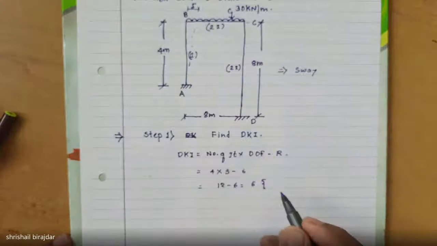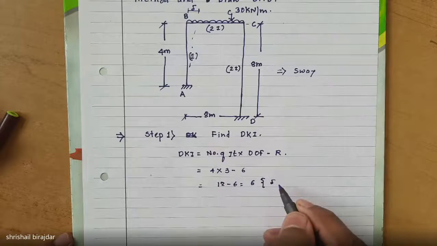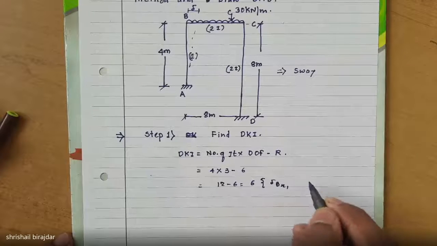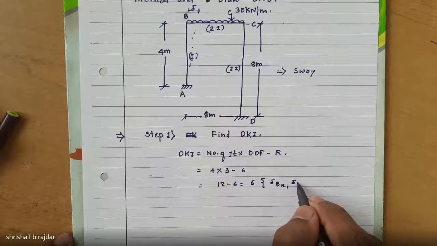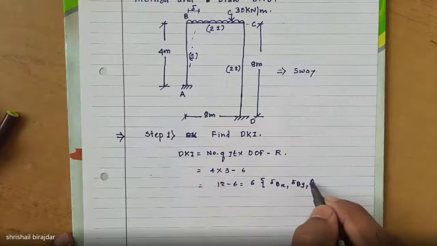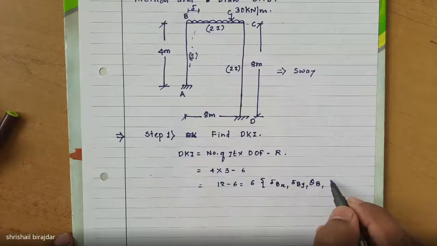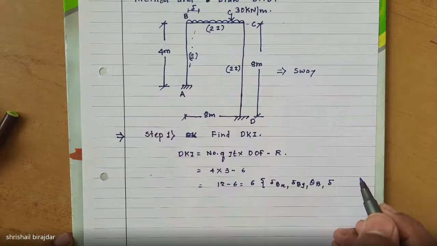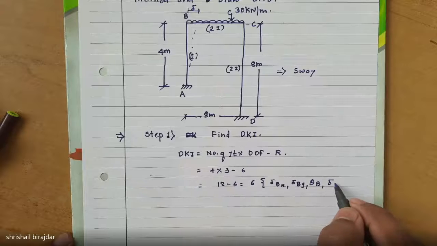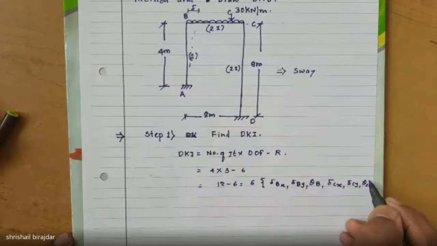So depending on that, we write down the unknowns here: delta bx, delta by, vertical deflection, and theta b. At C we write down the unknowns: delta cx, delta cy, and theta c.